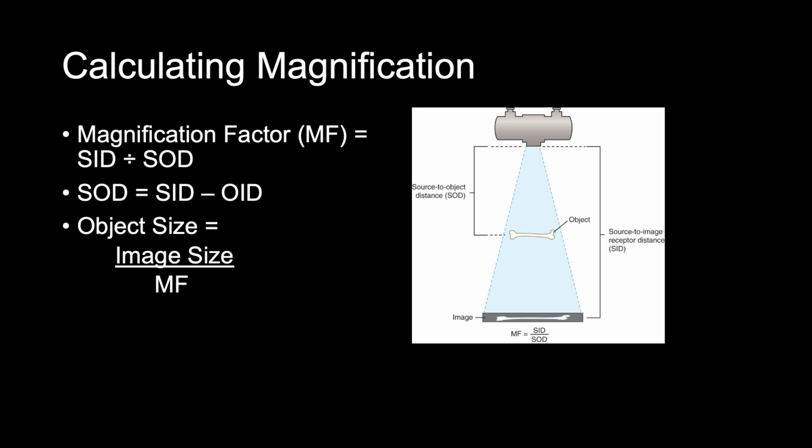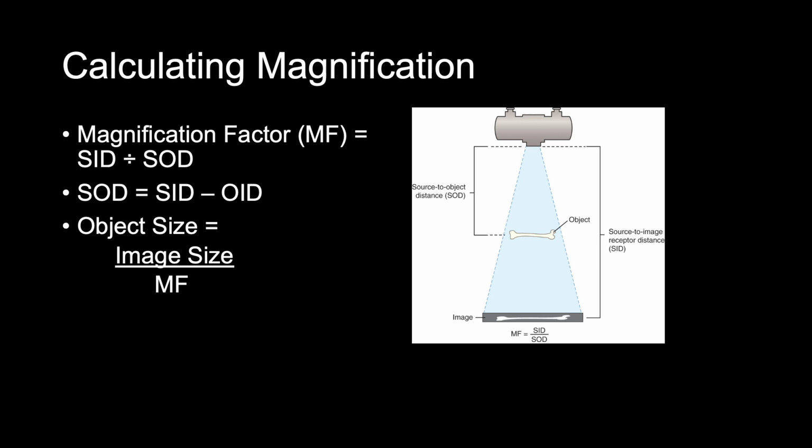The magnification factor, or MF, indicates how much size distortion or magnification is demonstrated on the radiograph. Source to object distance is the SOD. This is the distance from the X-ray source, which is the focal spot, to the object being radiographed.